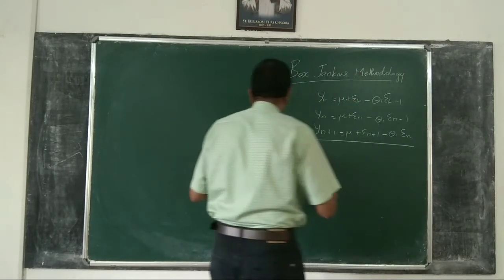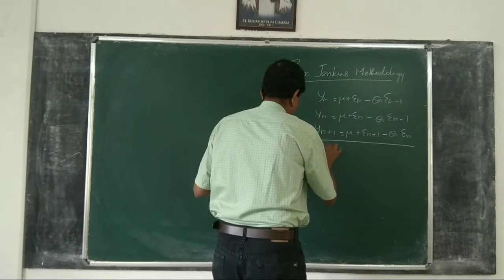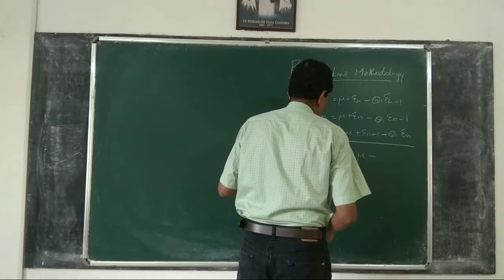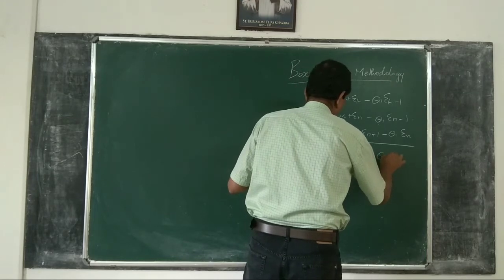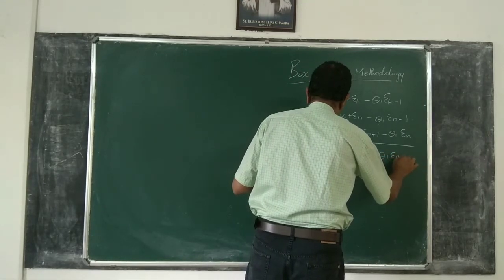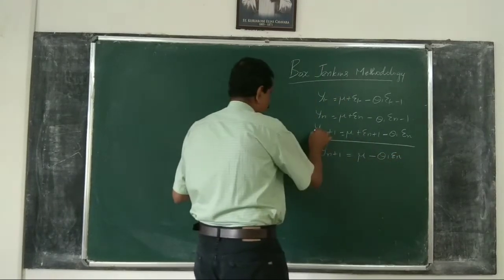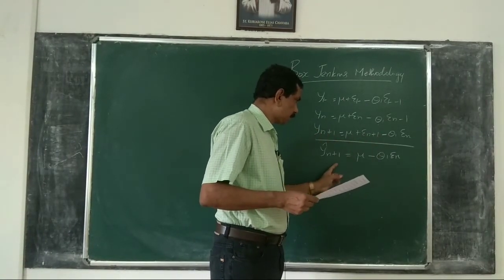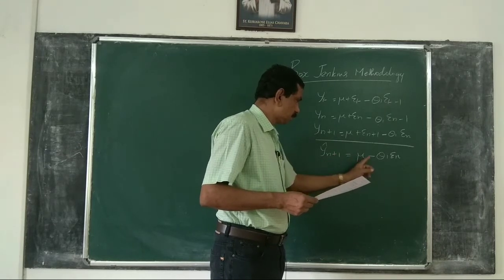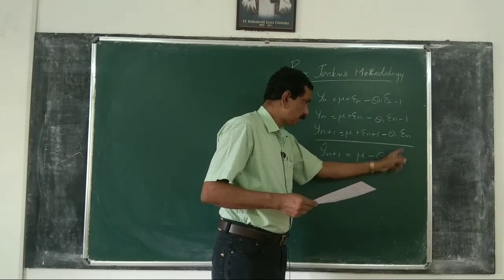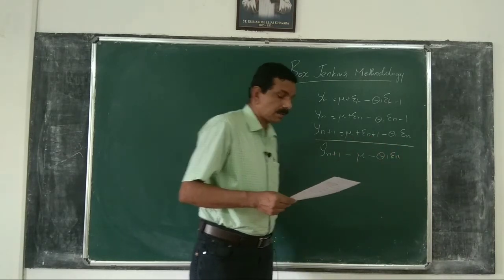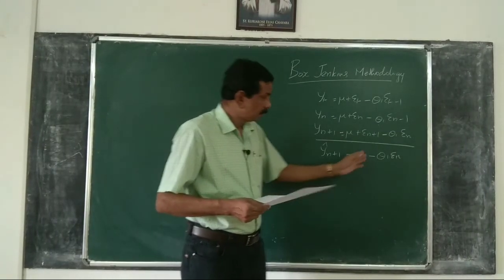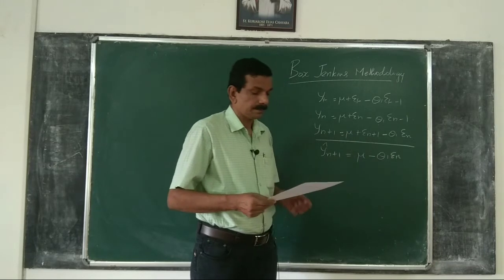And y hat n plus 1 is equal to mu minus theta 1 epsilon n. We want to predict yn plus 1. We predict it as y hat n plus 1, that is mu minus theta 1 epsilon n, because epsilon n plus 1 is unknown at time n.